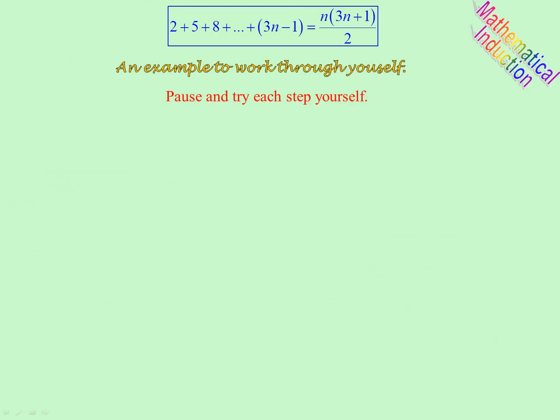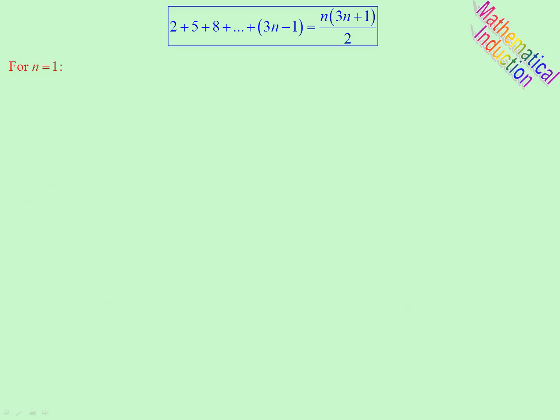Another example. Do it yourself. You don't learn maths by watching. For n equals 1. Left hand side 2. Right hand side sub, you get 2 equals left hand side.